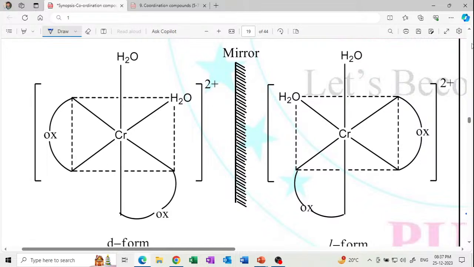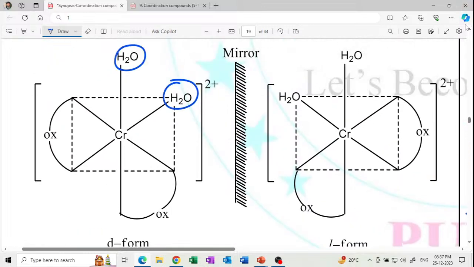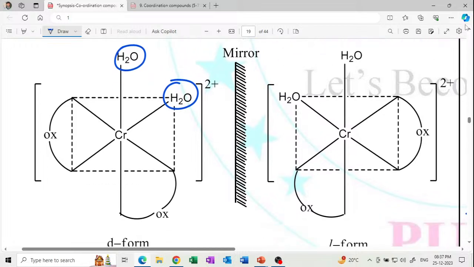The water is cis here, this is the cis isomer. So draw the cis isomer first, an optically active cis isomer. Geometrical isomers say cis, and these are mirror images, so it is optical.